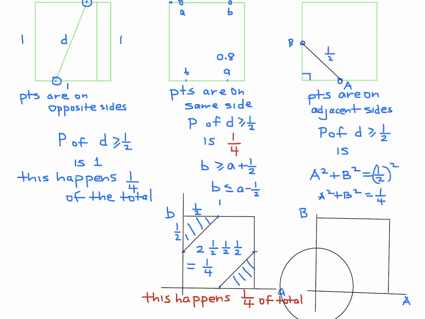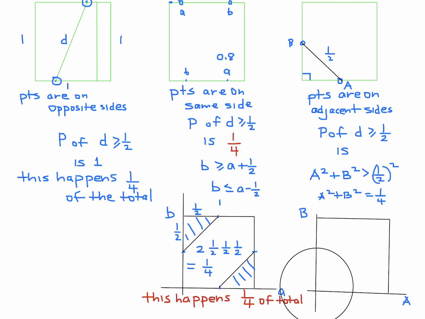And we want the probability as follows. We want anything that is equal to a half, but also what's going to be perfectly valid is if it's greater than a half. For example, if I'd made a line like this, or if I made a line like that, that's fine. So really what we want is a squared plus b squared is not just equal, but equal to or greater than.